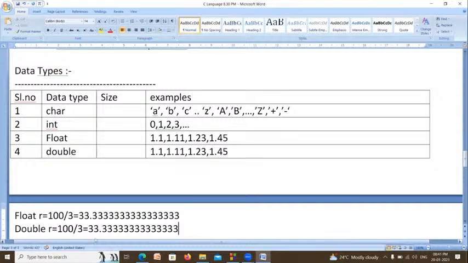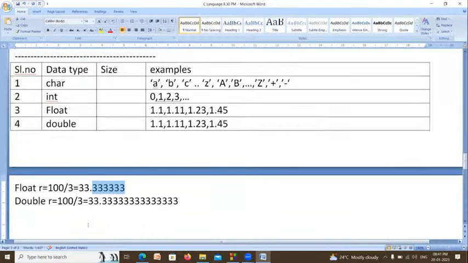Now, the difference between float and double is, the digits after the point are called precisions. Float maintains 6 precisions, so 33.333333. It maintains only 6 precisions, whereas double maintains 10 precisions. 333, 333, 333, and 3.